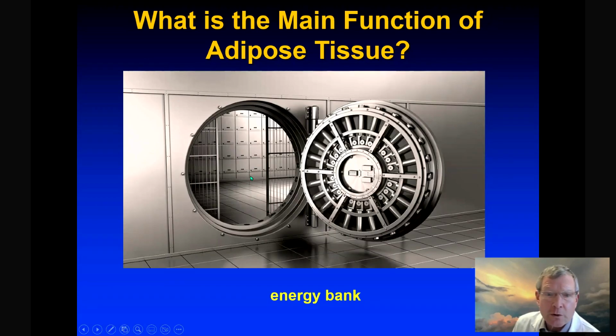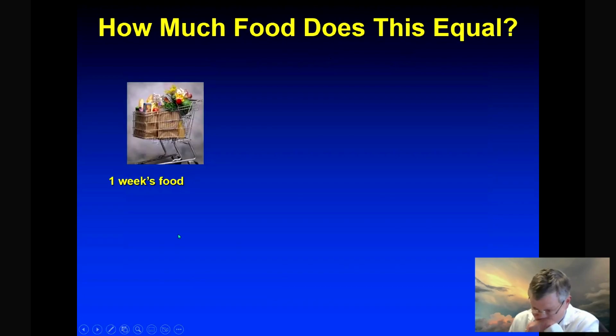our need to store and release energy in order to survive, adipose tissue is a fantastic energy bank. So as an example, if we were to put in a grocery cart the equivalent of one week's amount of food, this would be almost 7 times as much as your body stores in its sugar content.